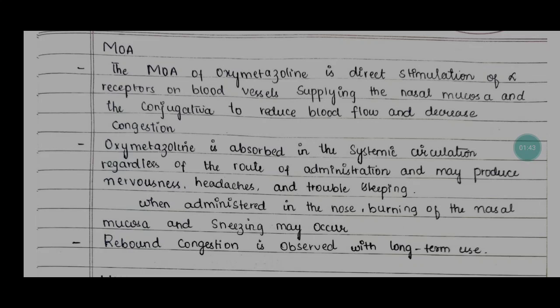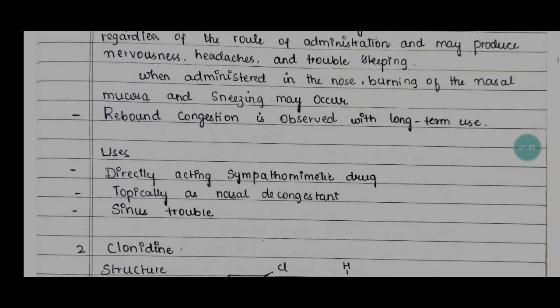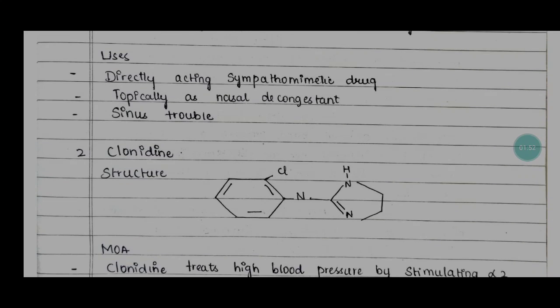Even rebound congestion is observed with long term use. And the uses for oxymetazoline: it is a direct acting sympathomimetic drug, used topically as a nasal decongestant, and it is also used in sinus trouble.